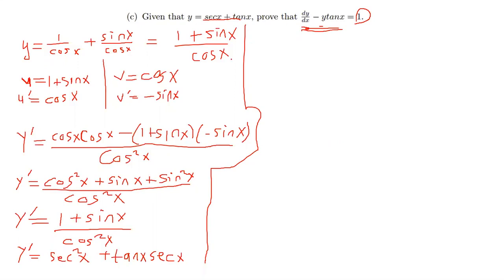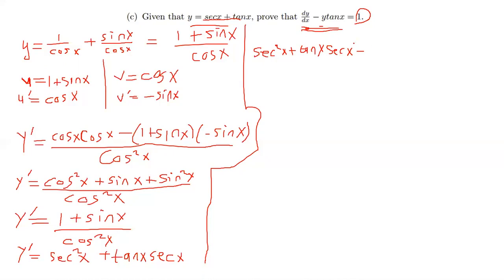Where there's dy dx there, I'm going to put sec squared x plus tan x sec x, and then where there's y, I'm going to put this expression, which is sec x plus tan x.